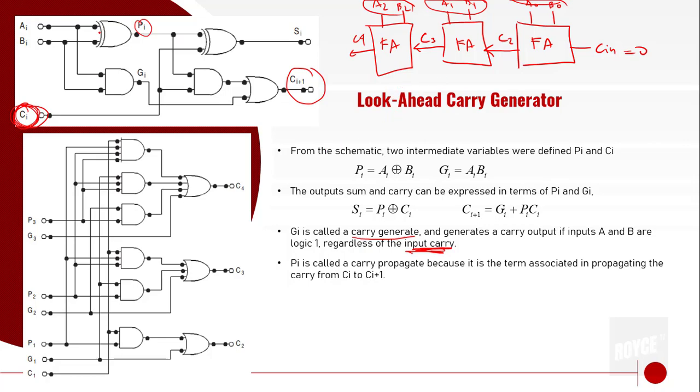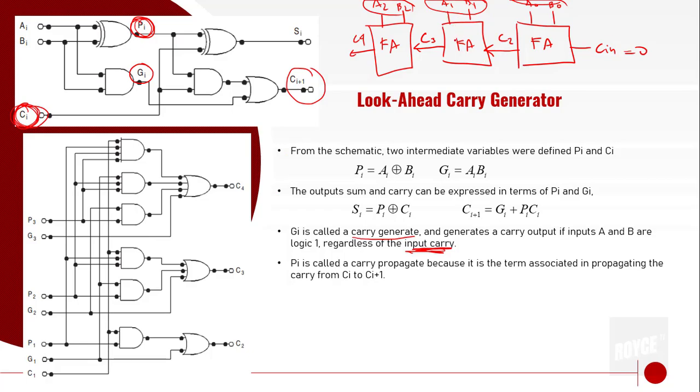So, actually, ito yung tinitingnan na natin dito. Ito yung intermediate variables na to. These two are responsible for that look-ahead carry generator. Basically, what they do is, before pa matapos yung operation ng previous full adder, i-output na nila yung carry para makapag-start na yung susunod na stage ng full adder.